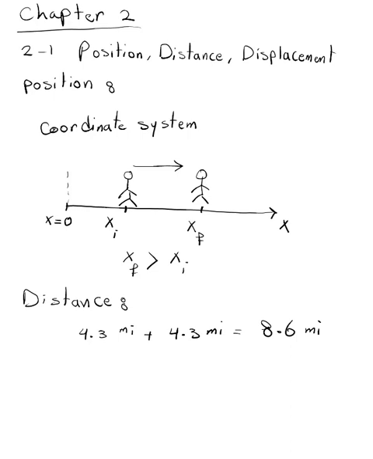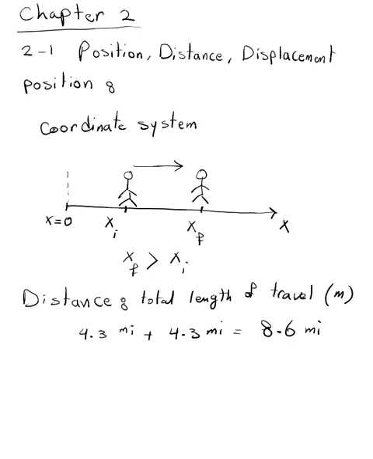Now, distance is defined as the length of the trip. So I can define distance to be the total length of travel. All right. So because it is distance, again, the SI unit for distance is meters. Okay.